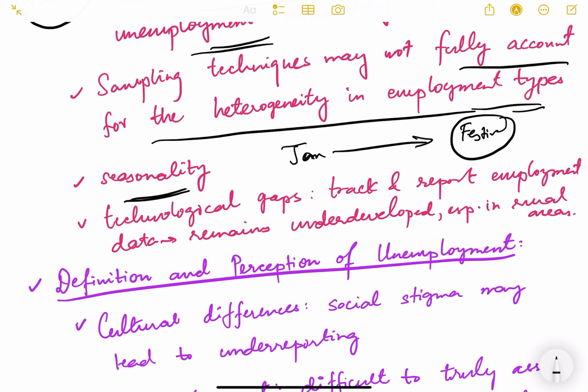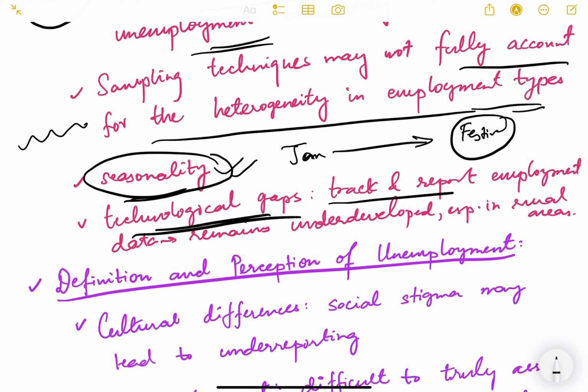But once this festive season is over, in the next 6 months they might not have any jobs. So because of seasonality, there might be an over prediction of jobs. Similarly, for the monthly survey also, if you are asking during the harvest season or sowing season, people might say yes, I have a job, but in the lean season they might not have a job. So seasonality also affects data collection.